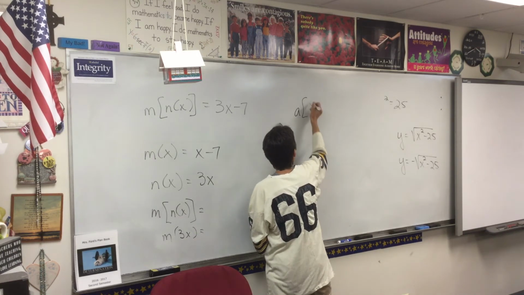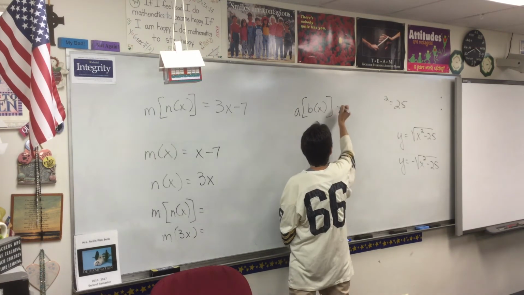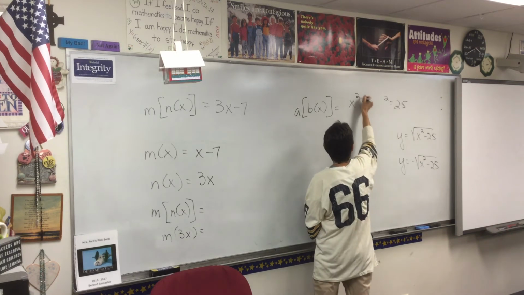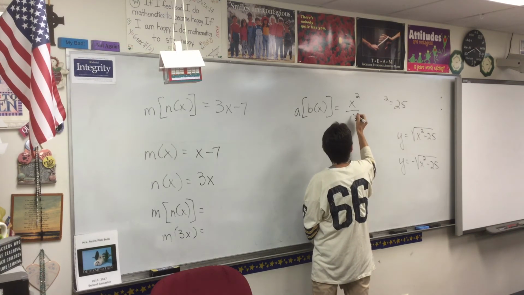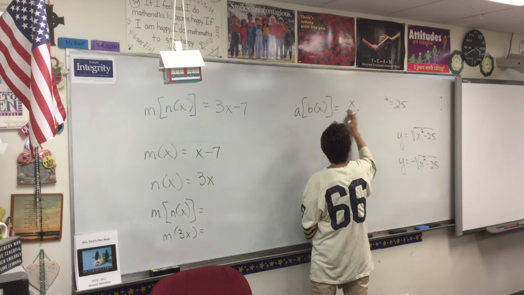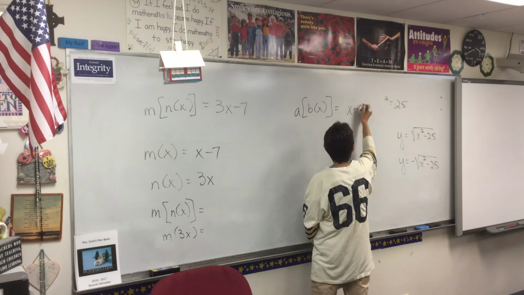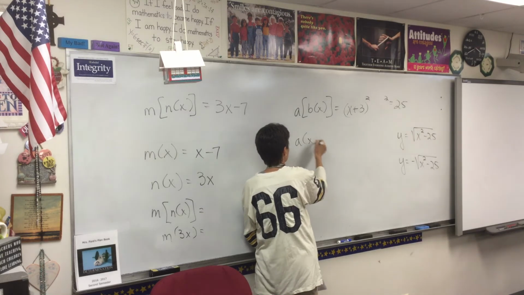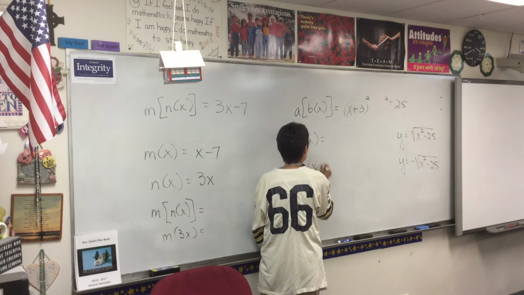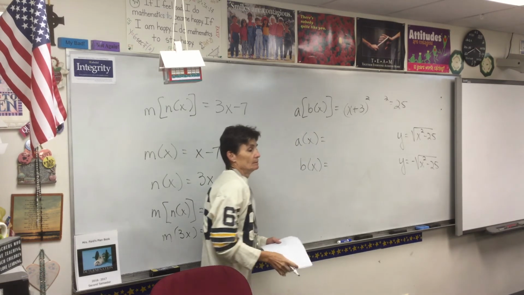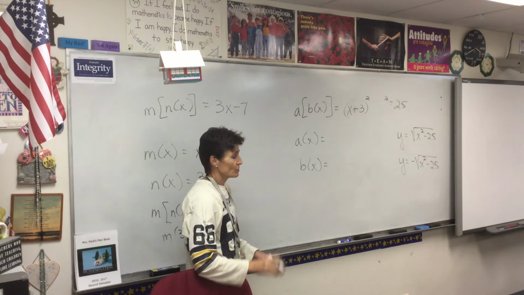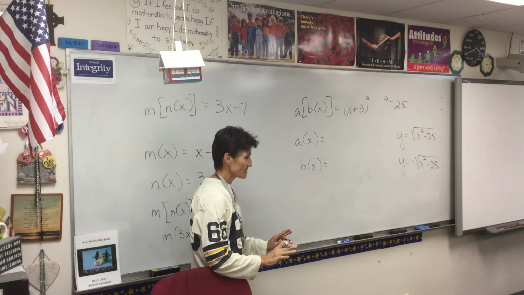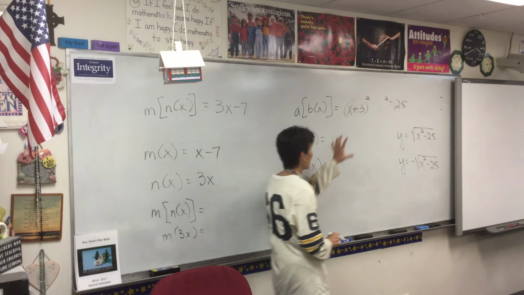Let's say a of b of x is x plus 3, squared. And your job is to break that down into an a and a b. So you just stop a minute, take a deep breath, and say, okay, what has to happen first?